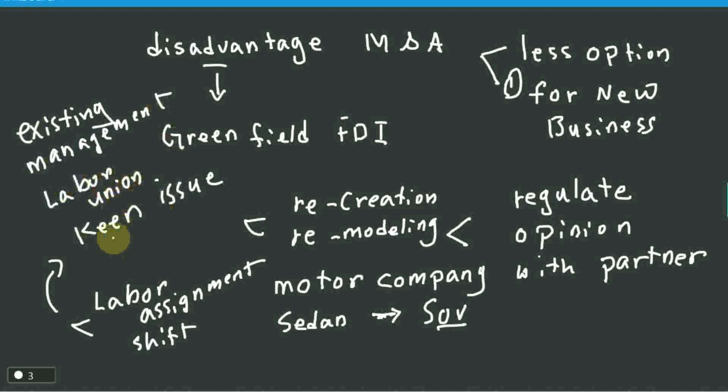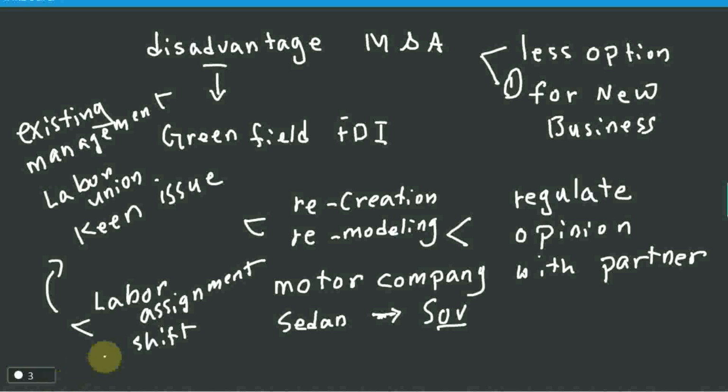This process is very complicated in case of merging because you are not 100% owner of this firm. Okay? You have your partner or you have other stockholders who can influence company decisions. Once you make a decision, you need to cooperate with other partners.